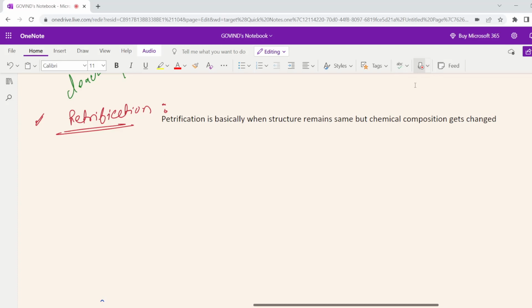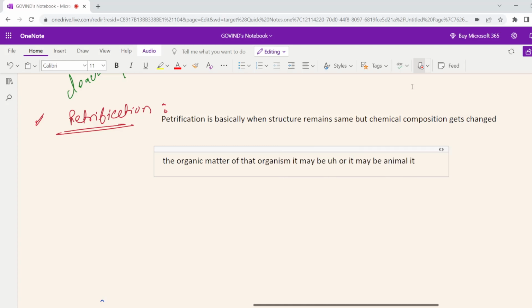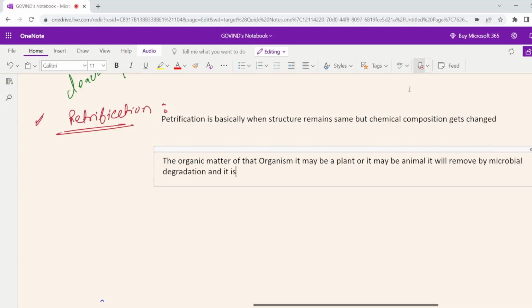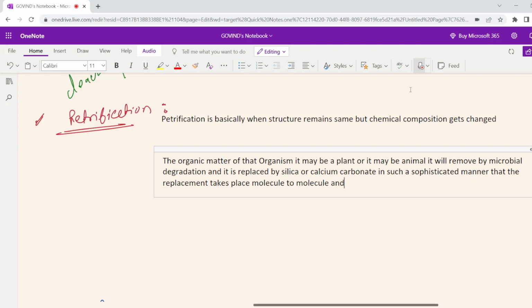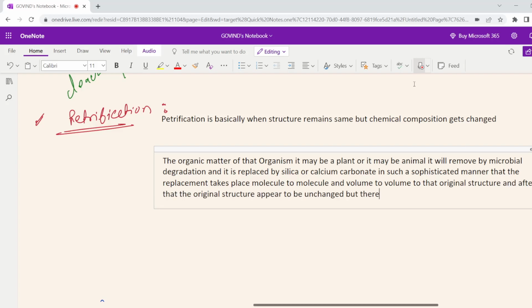The organic matter of that organism, it may be a plant or an animal, is removed by microbial degradation, and it is replaced by silica or calcium carbonate in such a sophisticated manner that the replacement takes place molecule to molecule and volume to volume of the original structure. After that, the original structure appears to be unchanged, but its chemical composition has changed.